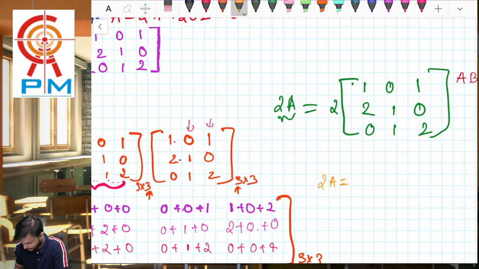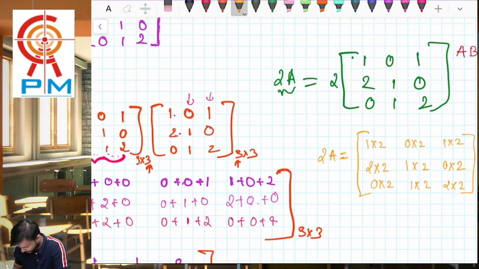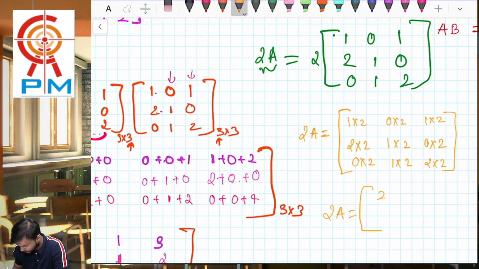So twice A is equal to 1 into 2, 0 into 2, 1 into 2, 2 into 2, 1 into 2, 0 into 2, 0 into 2, 1 into 2, 2 into 2, and finally my 2A is going to be equal to 2 0 2, 4 2 0, 0 2 4.